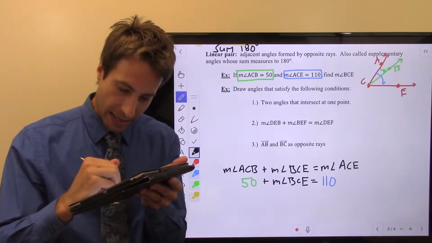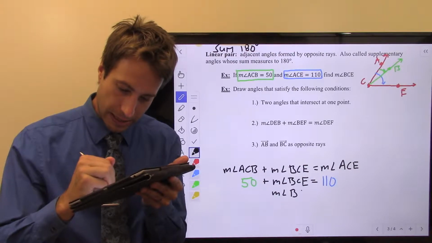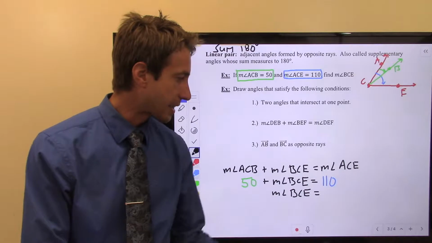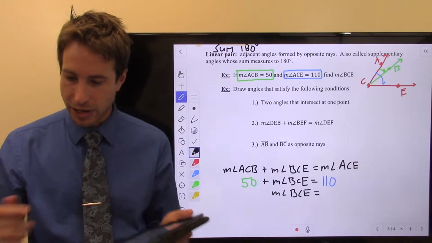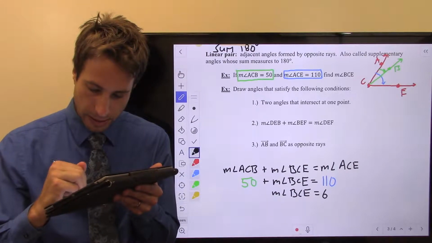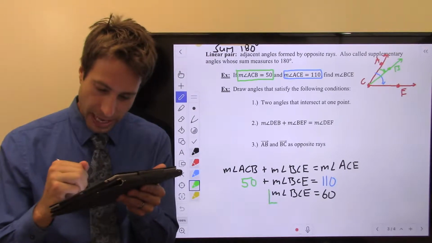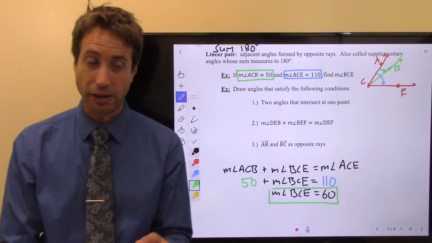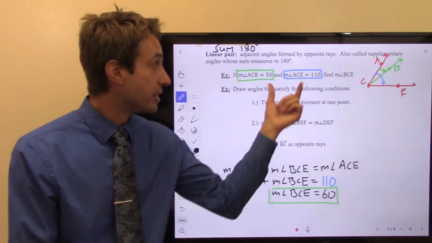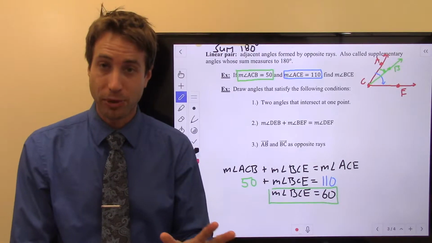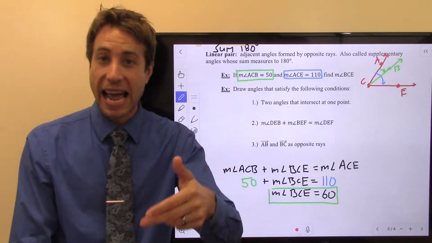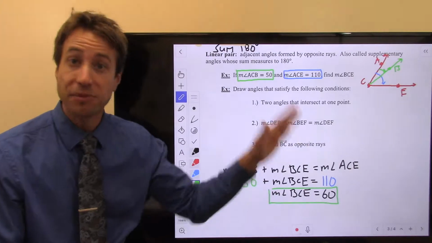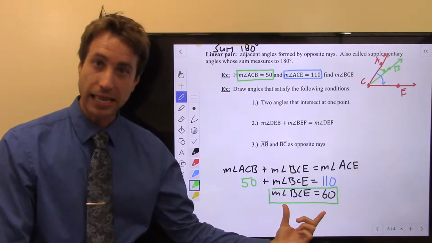So how do I find the measure of angle BCE? Very, very simple algebra problem. Subtract the 50 to the other side and you wind up, of course, with 60. Since that's what I was asked to find, that is my final answer. And again, guys, you needed to know the angle addition postulate in order to set the problem up, to then use algebra to get to your solution.